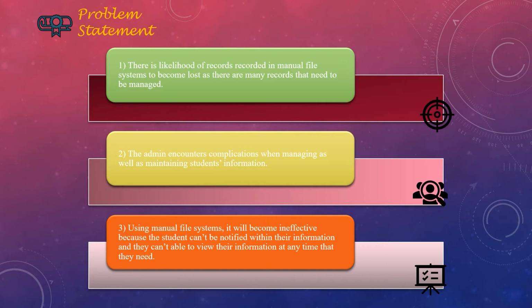The admin has problems managing as well as maintaining student information, updating, viewing, deleting, and searching for a particular student where they utilize a manual file system. The other problem is that a manual file system is ineffective because students cannot be notified of their information and cannot view their information at any time that they need.